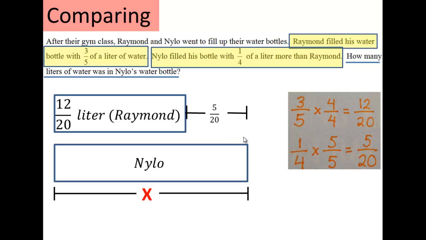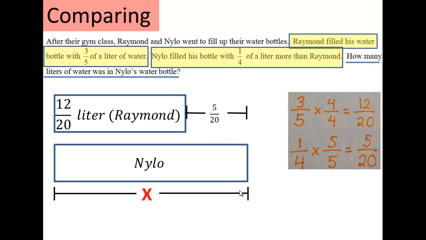Did you point there? Nice job. 5 over 20 was the equivalent fraction of 1/4. So that's how I put it in this space, because it means that Nilo is what Raymond filled plus 1/4 or 5 over 20 more.